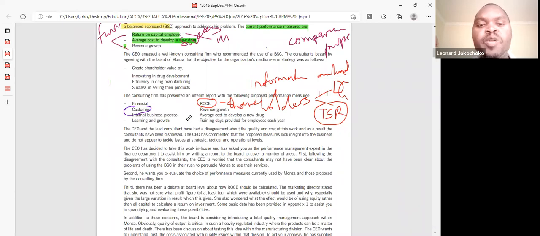The reputation or ranking of a company among its customers is very important. Revenue growth does not necessarily mean that customers are happy. Therefore, this is not the best measure in the customer perspective.